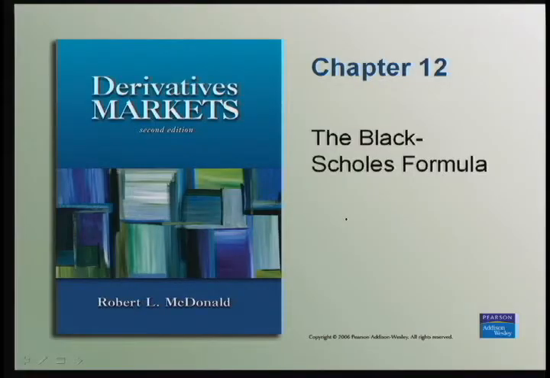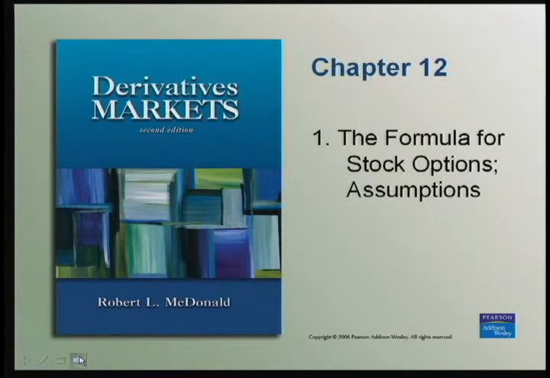So it took, if you will, 10 or more years in order to understand this very deep result sufficiently to, in fact, develop it in a simpler model. The first module in this chapter will be just what are the Black-Scholes formulas, and we'll take a look at them and understand what the assumptions are in them.